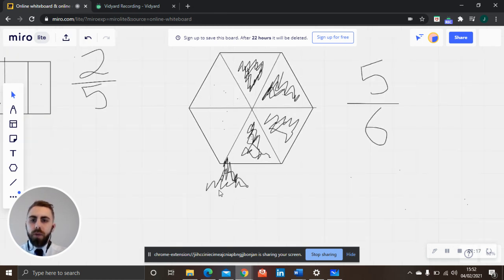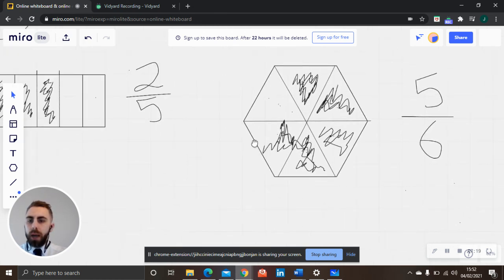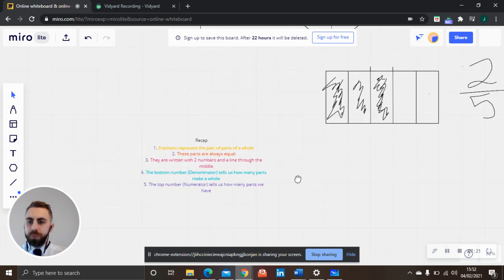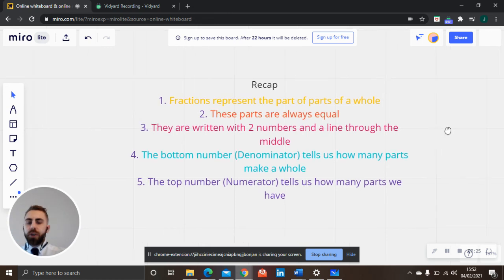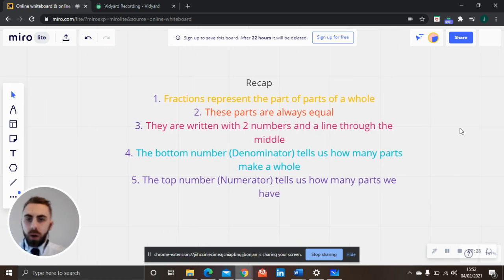So before I leave you with that, oh, sorry, we're going to have a little recap, okay? So recap. Number 1, fractions represent the part or parts of a whole. Number 2, when we divide these shapes down, we always have to break them into equal parts.